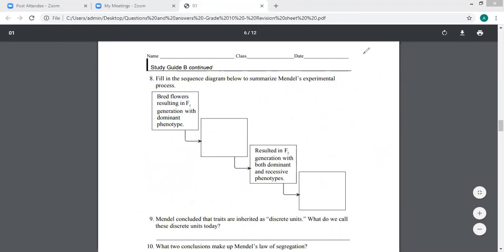So in the second box, he allowed the first generation offspring to self-pollinate. The result in the second generation is pairs of dominant and recessive in a ratio of 3 to 1: 3 dominant, 1 recessive. And then the fourth box: the white recessive trait is not disappearing, it has been hidden.